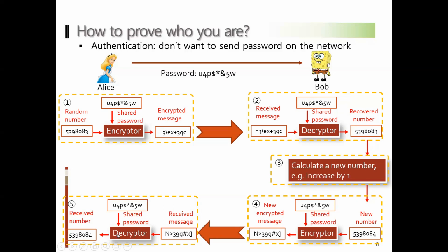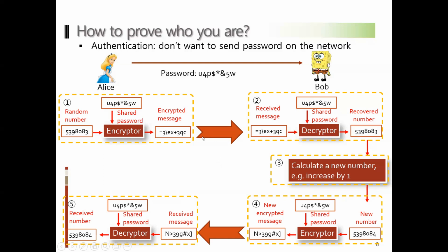Whatever the hacker does, the received message won't be the same as this one, and Alice can immediately detect that the Bob is not the authentic Bob. Then she can just ignore the communication.